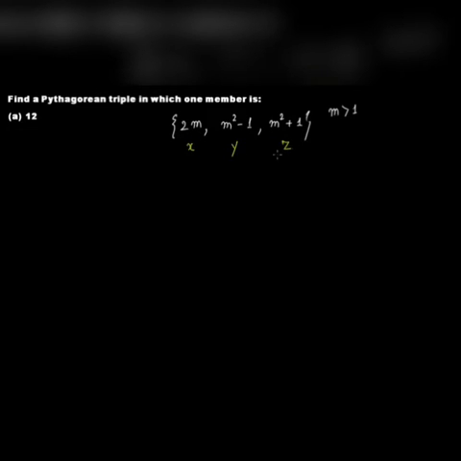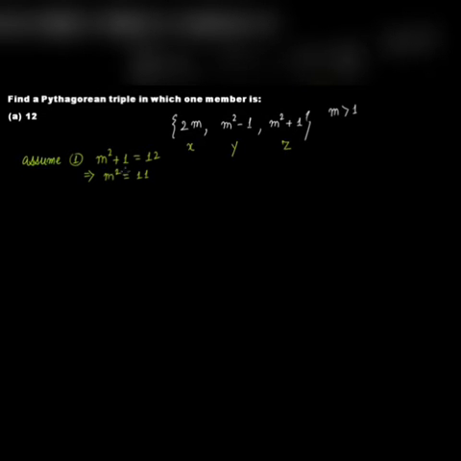No worries. Let's make the first assumption that 12 is actually z. It means that m squared plus 1 is equal to 12. Solve it, you get m squared is equal to 11. If you put m is equal to 3, then you get 9. No, it is not equal to 11. If you put m equal to 4, you get 16.